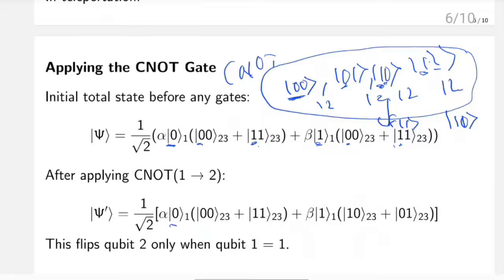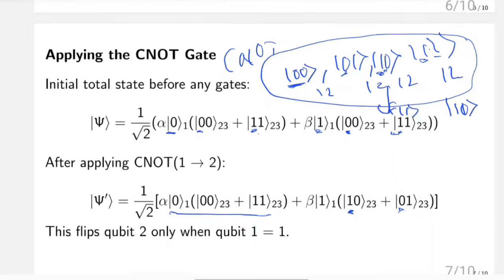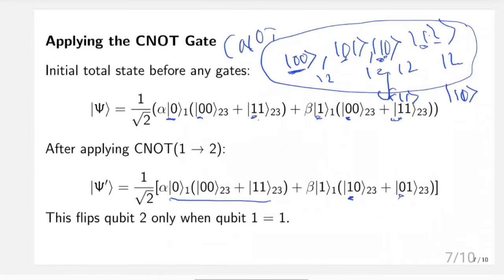So nothing will be happening here because the control is 0 in all the cases. Here target is 0 and it became 1 because control is 1. Same way here control is 1, target becomes 0 because target here is 1. So I think this part is clear for everyone. This is a small calculation, but you need to do it very carefully.